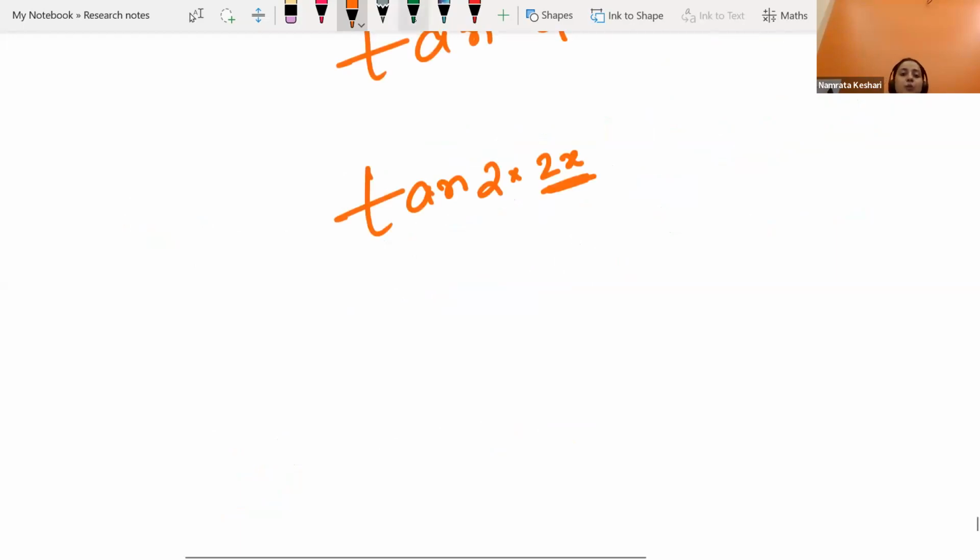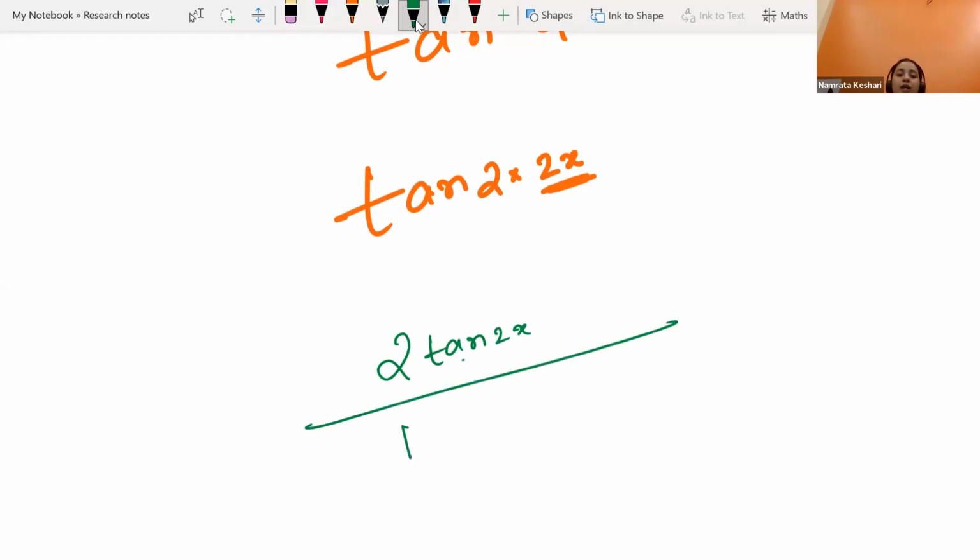The formula was 2 tan x by 1 minus tan square x. At the place of x, we write 2x: 2 tan 2x over 1 minus tan square 2x. Now we can still use the formula for this one and this one.